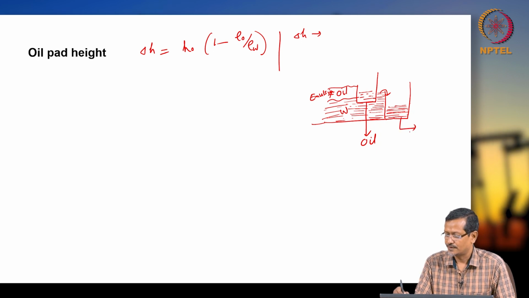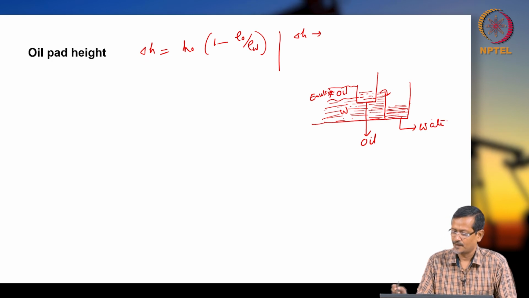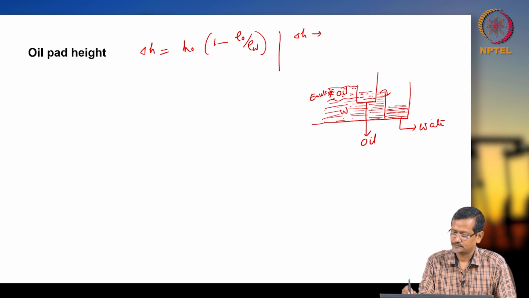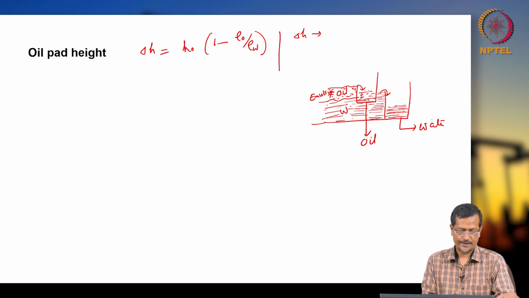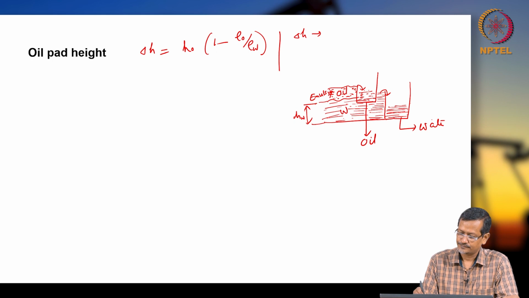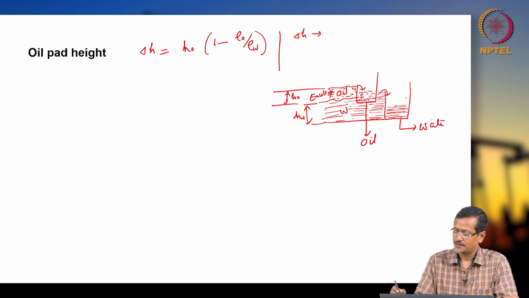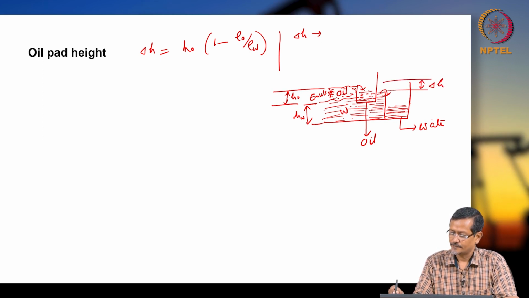Fine. So water you take out. I am not drawing the whole separator, rather I am drawing only the weir part. So this is HW, this is HO, del H.